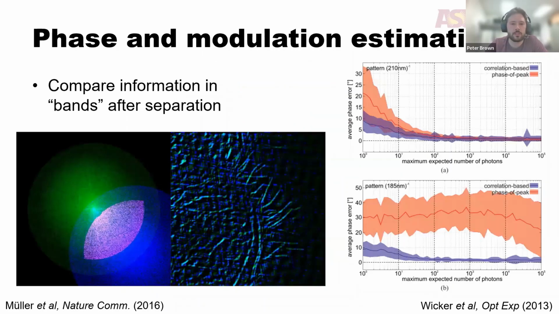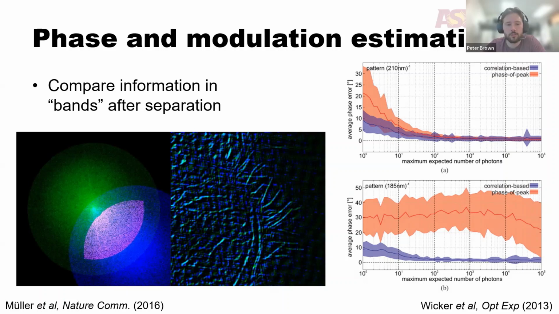Having estimated the SIM frequencies, we also would like to estimate the phase steps and the modulation contrast. We typically can also do this by looking at the separated SIM bands. One approach to estimating the phase that was introduced by Wicker and collaborators is to choose some guess for our phase shifts, unmix the bands using the inverse of the mixing matrix we discussed before, and then look at the correlations between the bands.